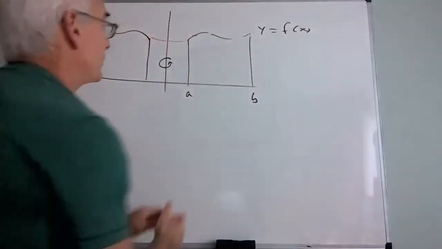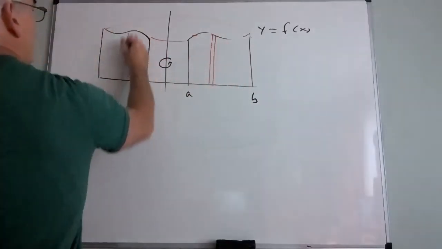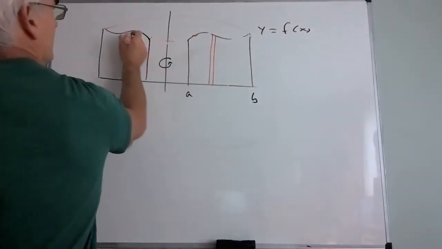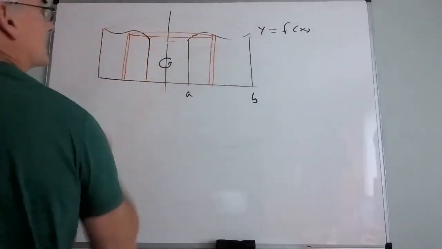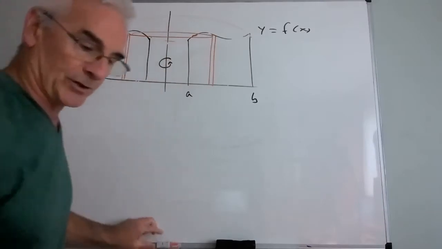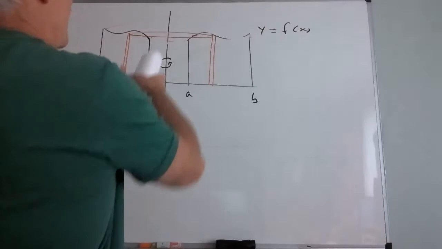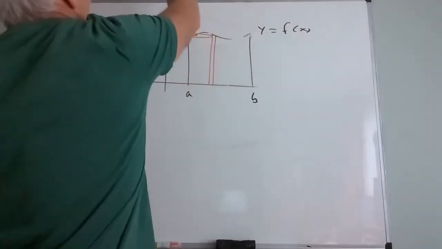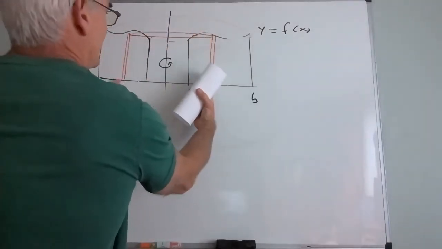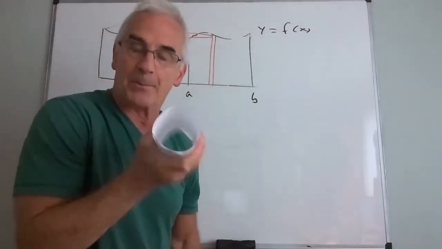Meaning, when I do that slice, this slice here is going to look like a circular cylinder. So again, I'm going to take my piece of paper that I've wadded up. I'm going to slice it like this, very thin, and that's going to give me exactly this shape.